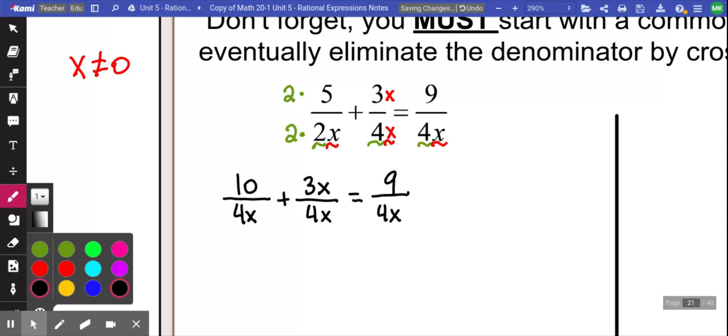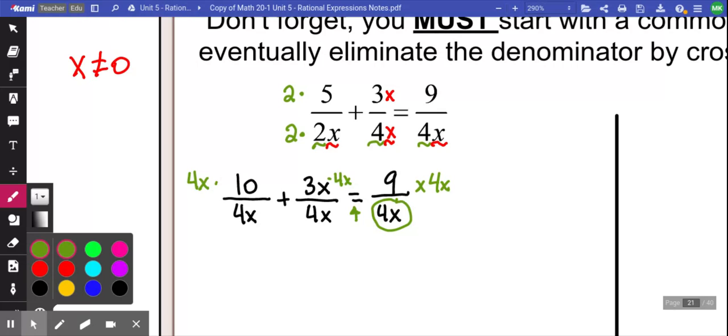Perfect. Common denominator achieved. Now, normally, on previous questions, once you got a common denominator, your goal would be then to write everything together into one nice little fraction. But when there's an equal sign in the question, we can do something different. What we can do is we can take this 4x and we could multiply it to the other side. And when you multiply it to the other side, it will go to every term.